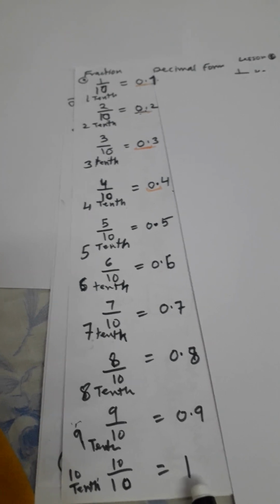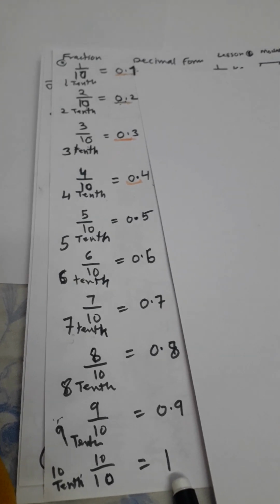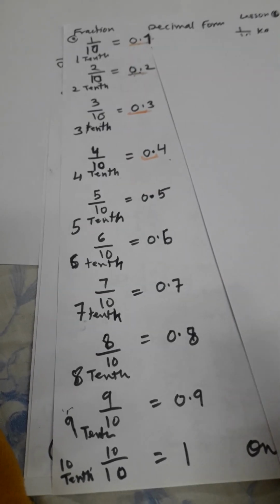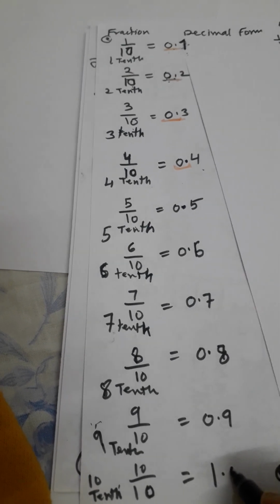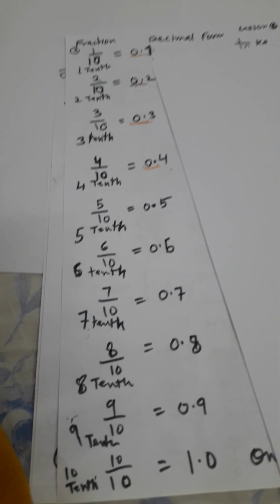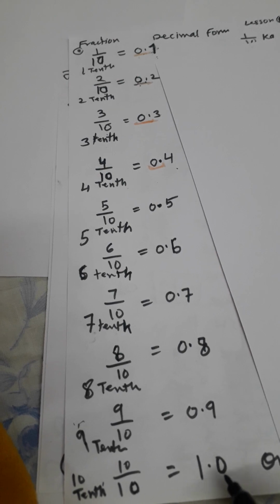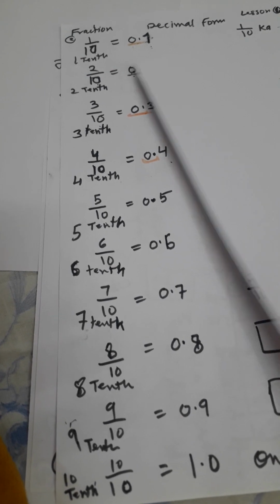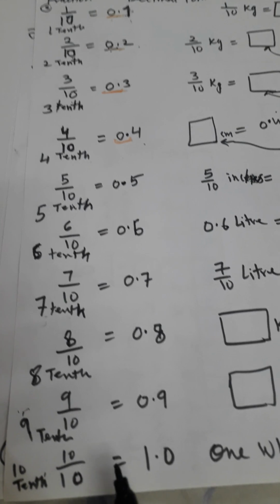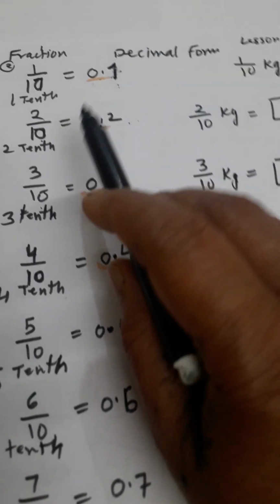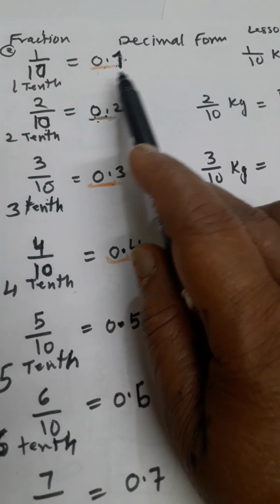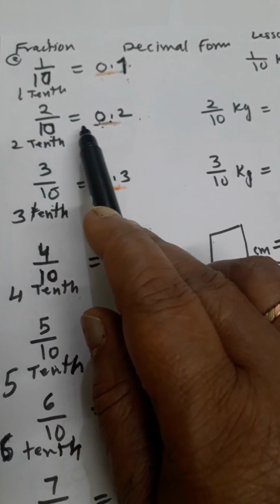And 10/10 will always be 1, whether it is in fraction form or decimal form. But here we will write 1.0. That is much better. Okay, 10/10 is equal to 1.0, because we are talking about decimals and fractions. Again I repeat: 1/10 is equal to 0.1, 2/10, you tell me.